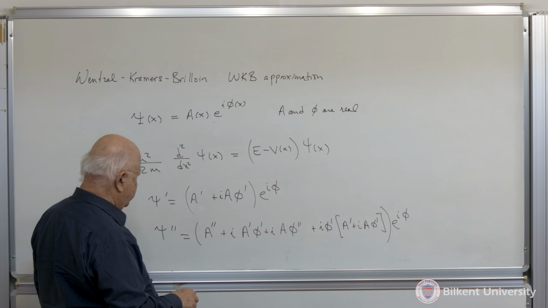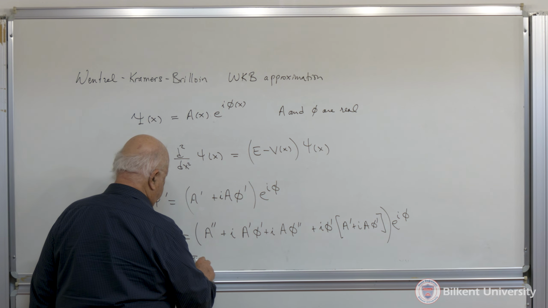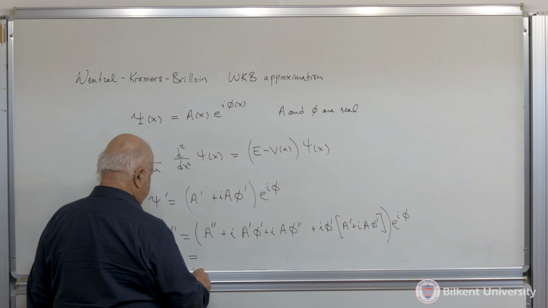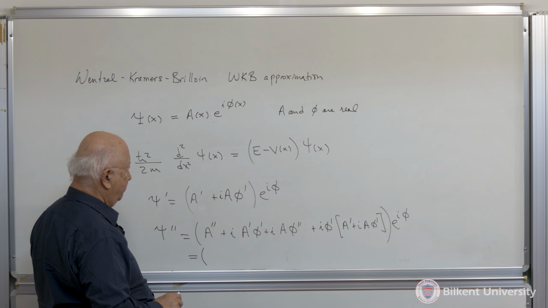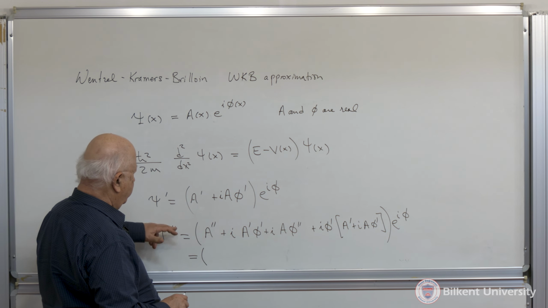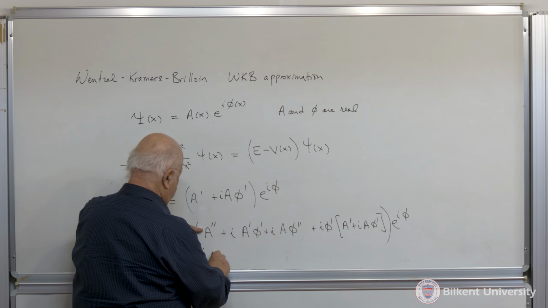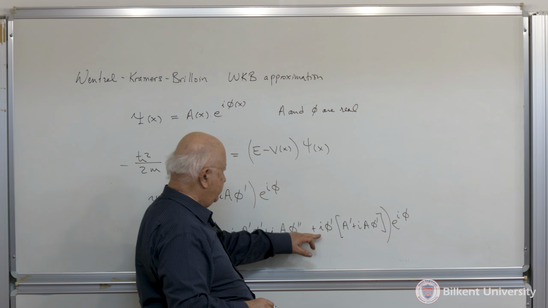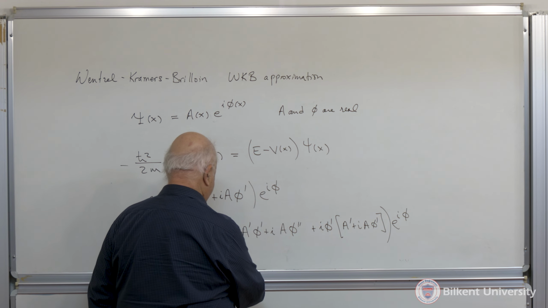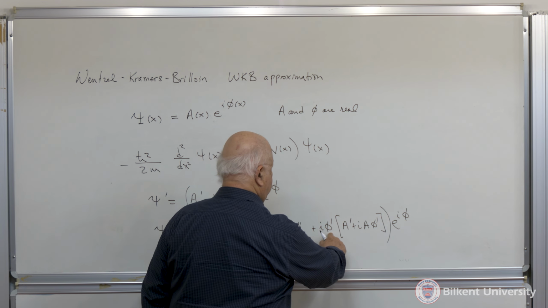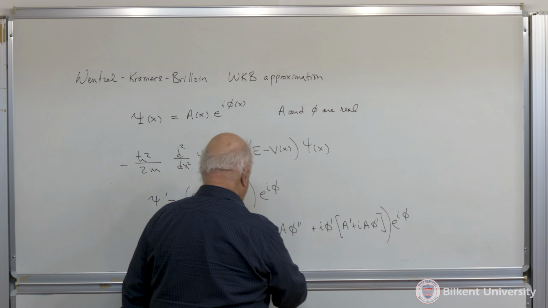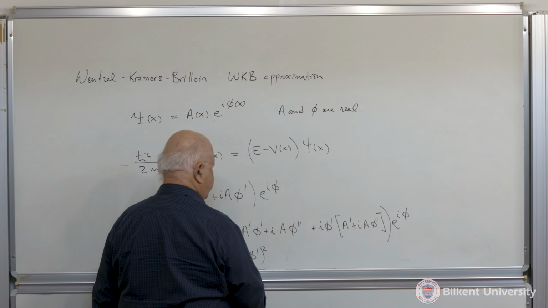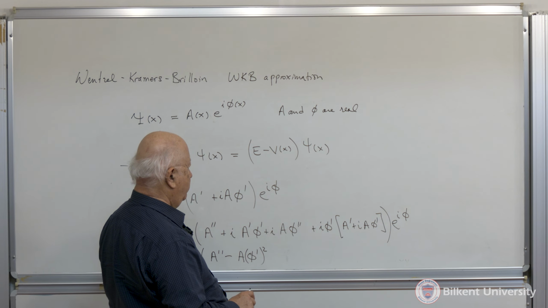Okay, so let me just squeeze in one more line here. This is going to be equal to, let me write the real stuff and the imaginary stuff together. Okay, so I'm going to get A double prime, right? And then these are all imaginary. Then there's here a minus, what? Minus A phi prime squared, right? Those are the real terms.